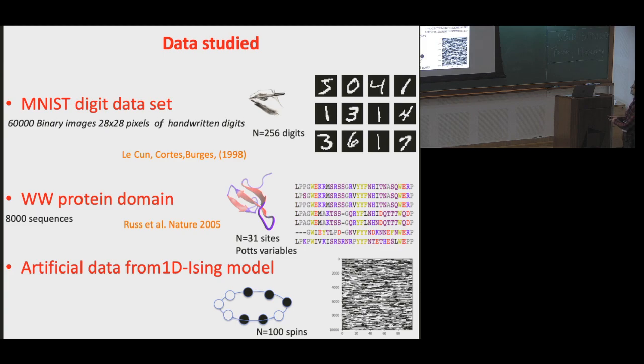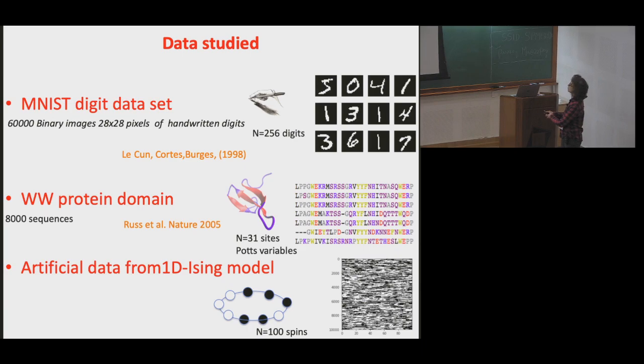This is an example of sequences which all fold and function as this small protein domain, which has 31 sites, called the WW domain, because it has these two W's, which are very important for the protein.